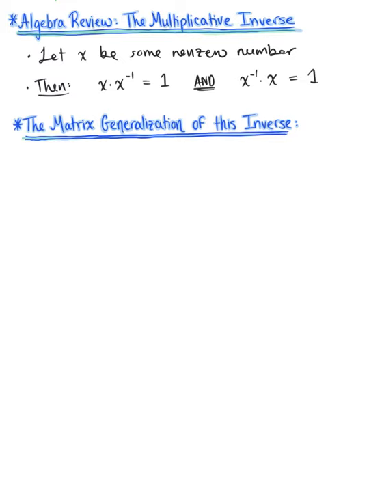Now, the matrix generalization of this multiplicative inverse has some conditions that we need to keep in mind. The first condition is that it requires both of the equations above to hold true. And why, you might be asking?